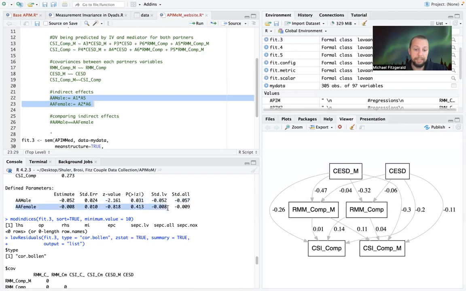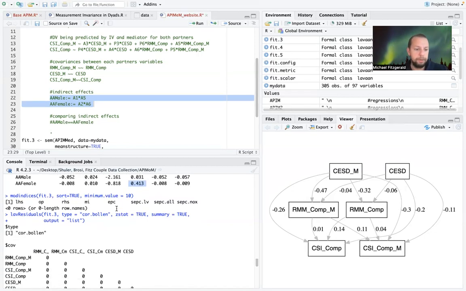And as we would likely expect, because remember that female depression was not a predictor of female relationship mindfulness, kind of breaking that mediational chain, we do not have a significant indirect effect here. It's a very, very small indirect effect, very close to zero. And as you can see, the p-value is not even close.